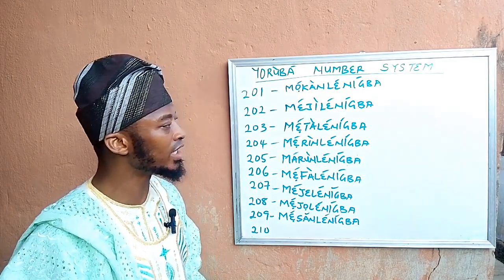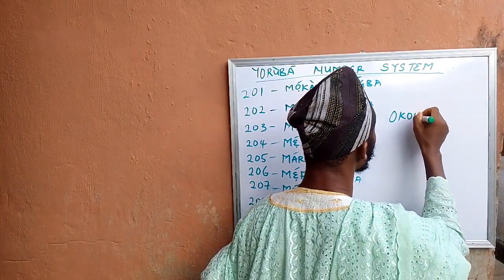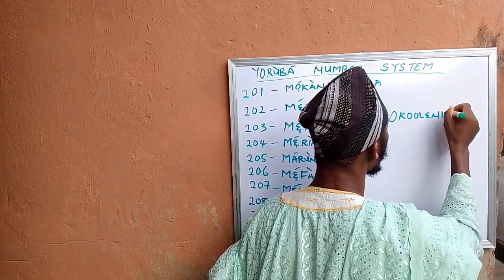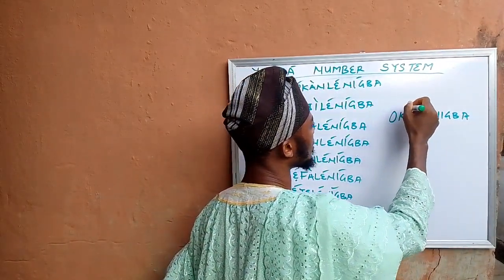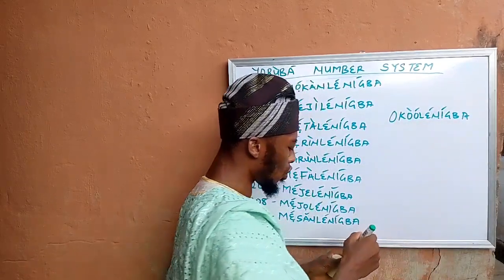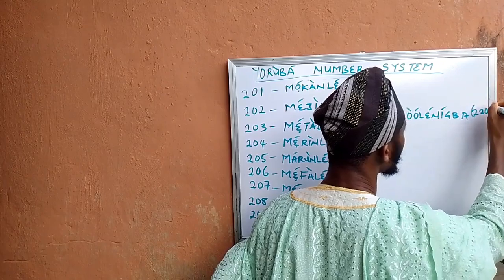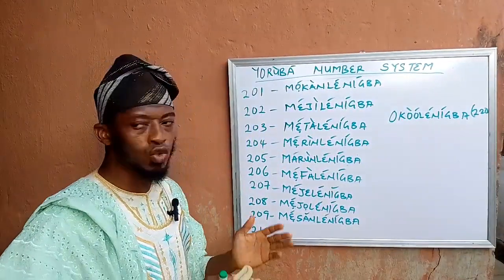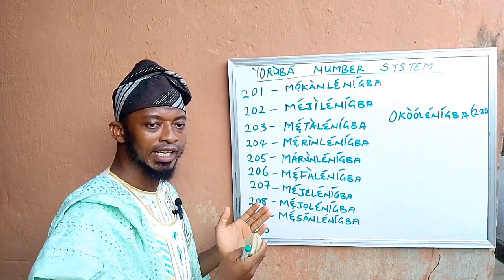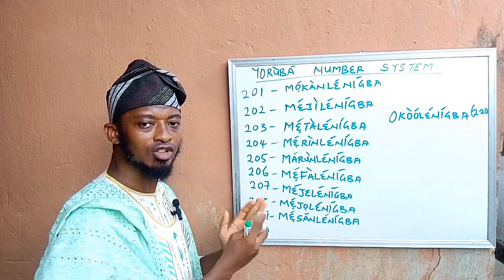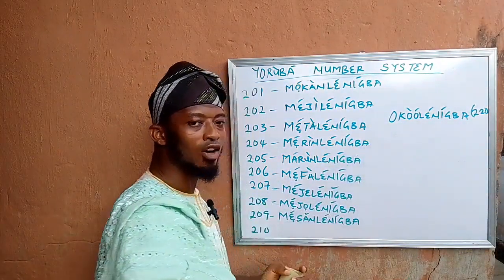We said 220 is okòólénígba, right? So once we get to 210, the way to say this number in Yoruba is, we go to 220, then we count backward.